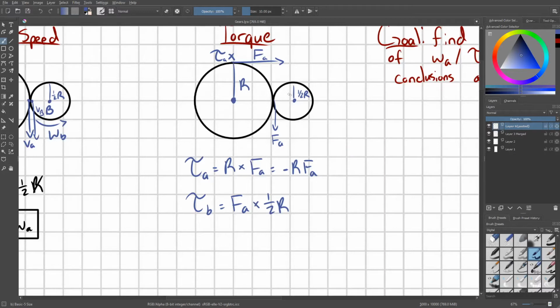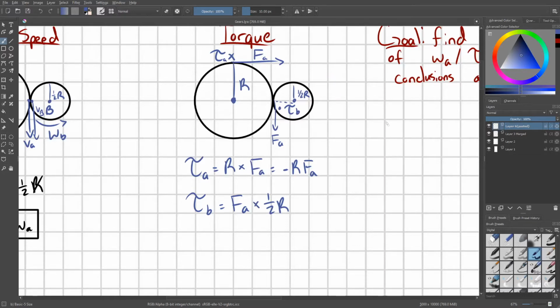Let's go ahead and use the right hand rule in order to determine the direction of this torque. So if we have our distance 1/2 R pointing to the left, go ahead and just try out the right hand rule, and we're going to see that our TB would point out of the page, which I've indicated with a dot.